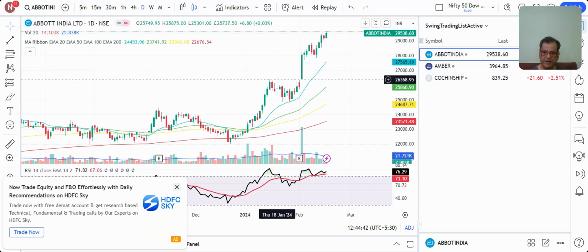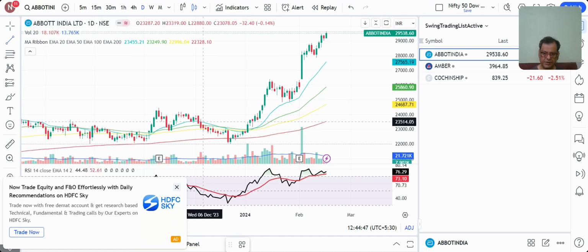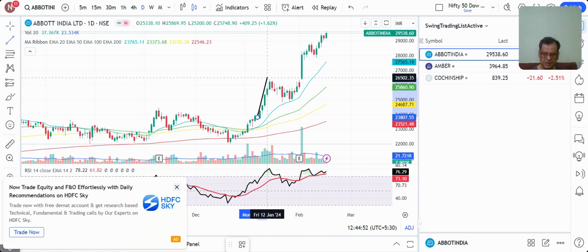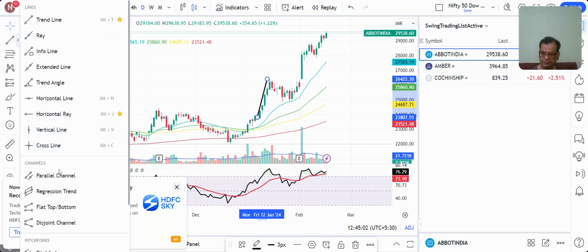So you see Abbott India here. I'm going to use a trend line here just to show you. For example, this is our flagpole, and I'm going to make a flag here.